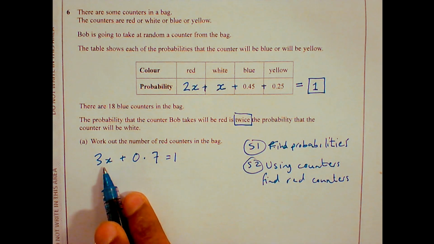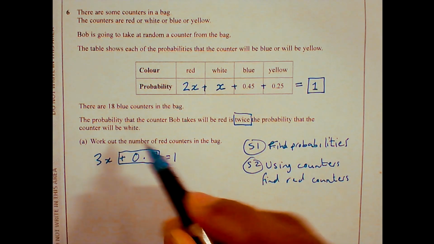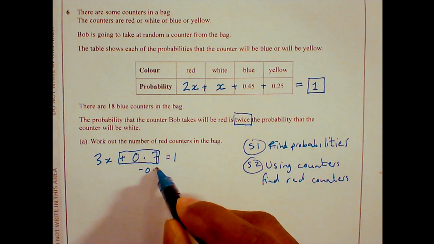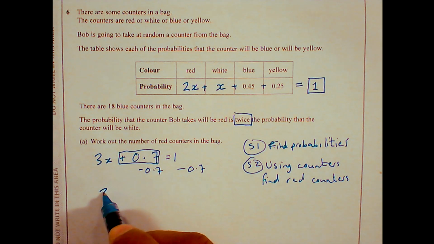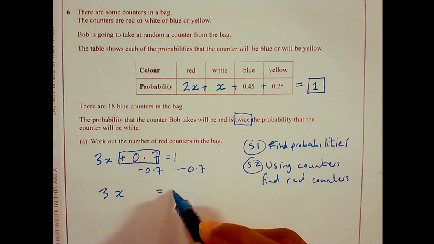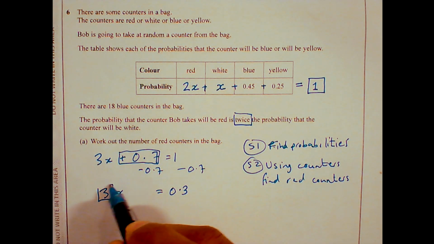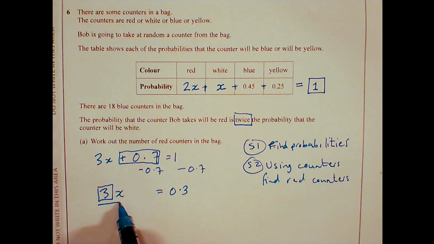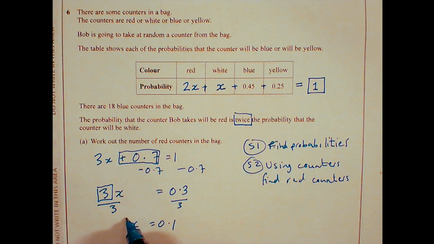Now I can find out what x is. I'm going to subtract 0.7 from both sides. 3x equals 1 take away 0.7, which is 0.3. And now I need to eliminate the 3, so I'm going to divide by 3 on both sides. x equals 0.1.